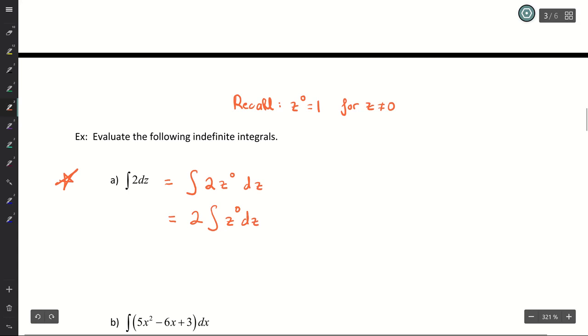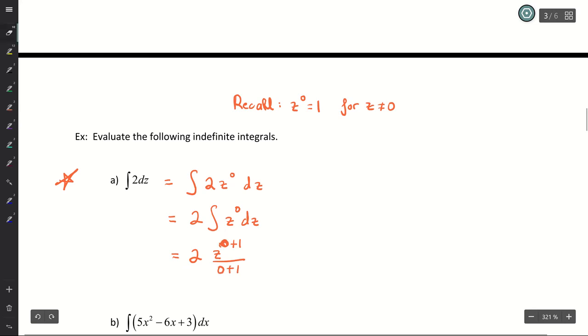Notice here also our notation, we have z as the variable in the problem, and so to the side you have dz. Right, then using our power rule, it says take the current power, add 1 to that, and then divide by that exact same number.